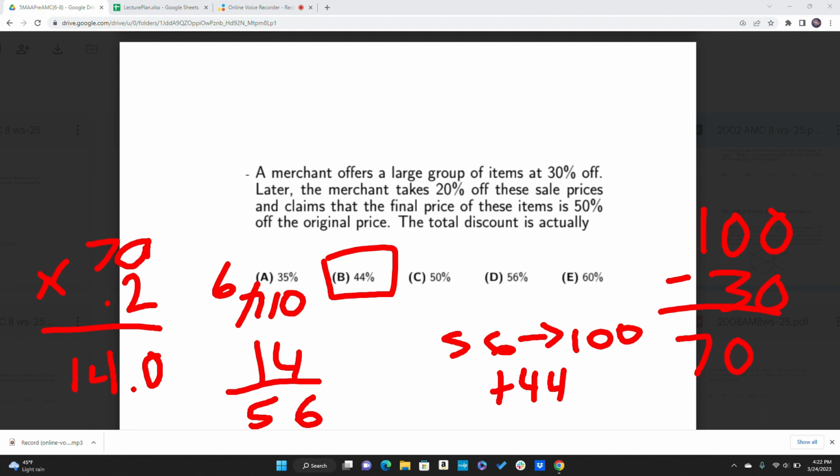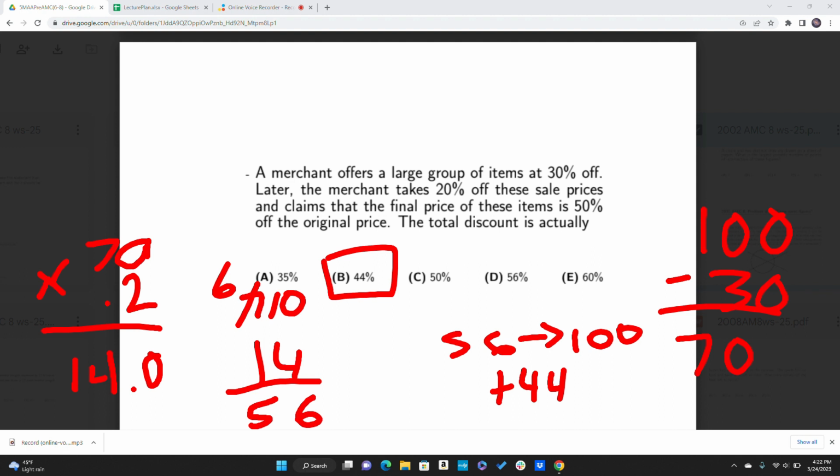So basically, what this is showing is if you're not sure how to tackle a problem, it can help. You could just set numbers arbitrarily, right? We don't know how much the items originally cost, but we can just say, okay, they can be $100. We'll just, without loss of generality. So what that means is we can just set it to $100 and the problem still needs to work.